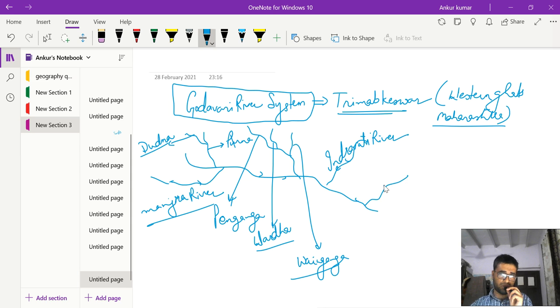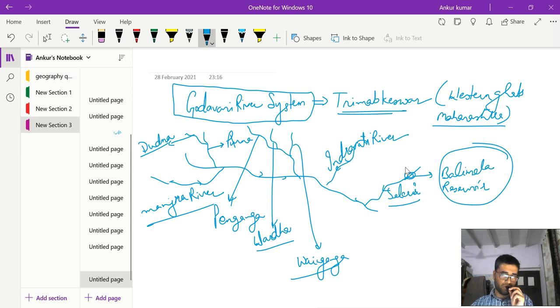This is Sileru, and on this Sileru River we have the Balimela reservoir. You can remember this.